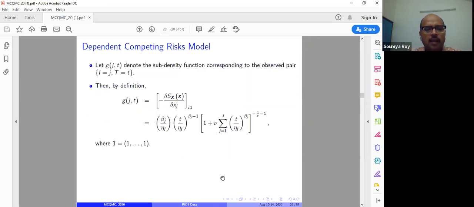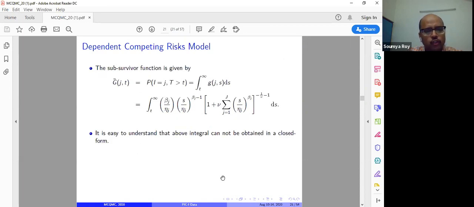Once we have the unconditional joint survival function, we can quickly get the subdensity function, given by little g j(t), by differentiating the joint survival function. Furthermore, we can also derive the expression of the subsurvival function, which is given by capital G bar j(t). It is easy to understand that we cannot express this subsurvival function in closed form.